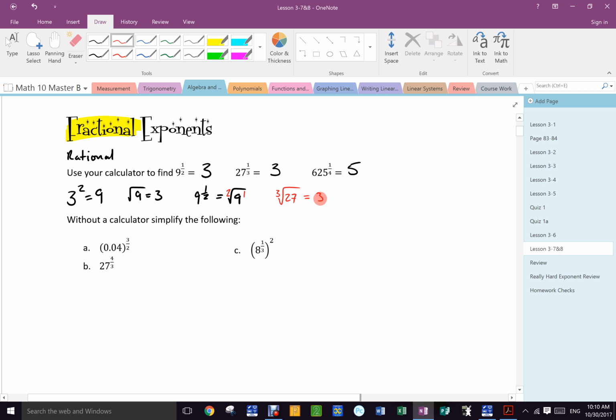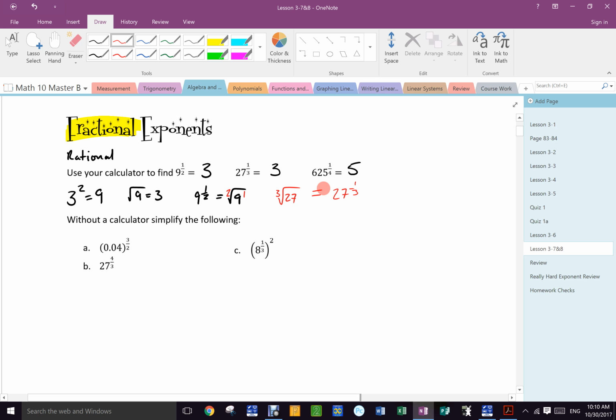Right? And 27 to the 1/3 must be 3, yes? Because of what we just found out from our calculator. So what can we really put in the middle here? Just the equals sign.